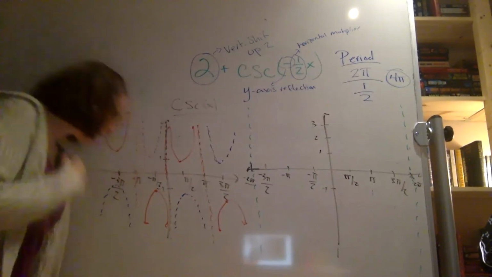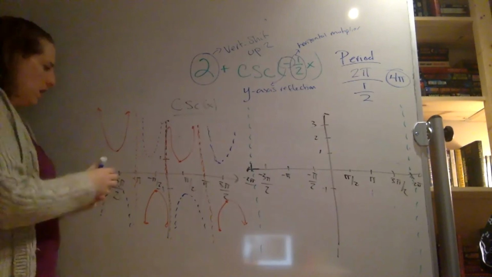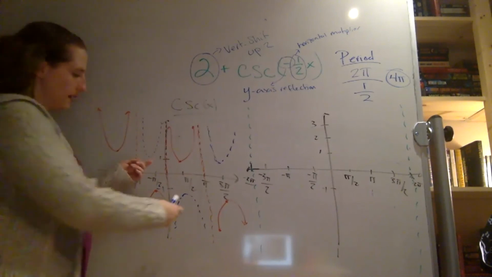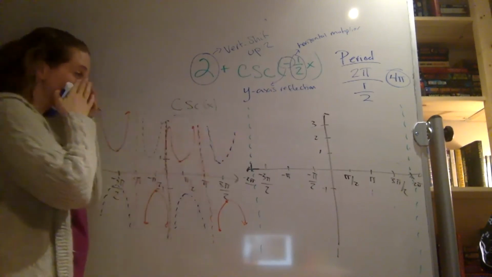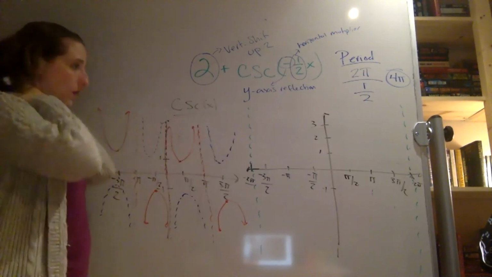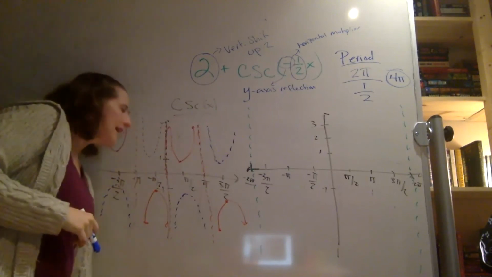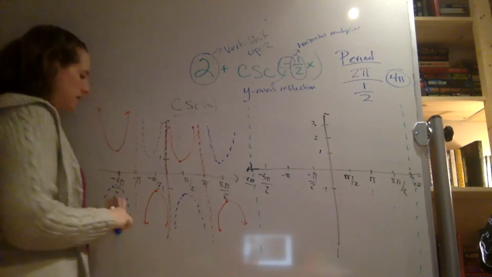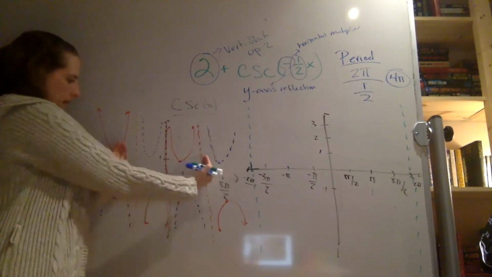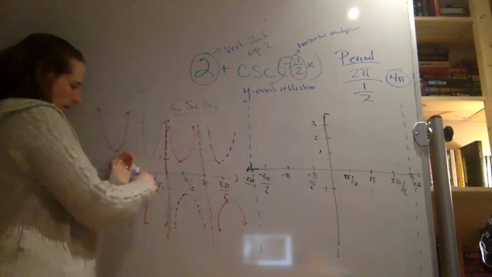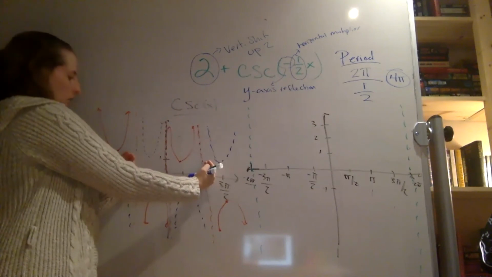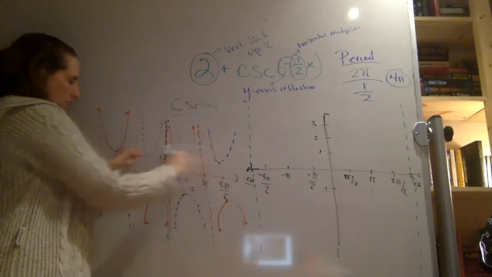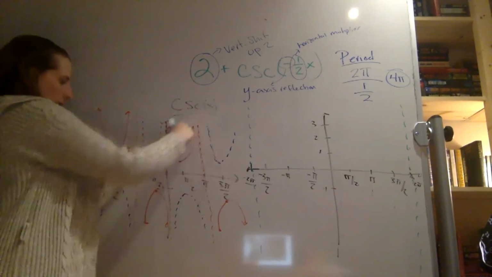Okay, so remember then that we've got these two shapes that we have to fit inside of there. Now, one thing we can do is notice that our cosecants, between a period, we have one up and one down in this case. So these are split evenly between an up and a down.